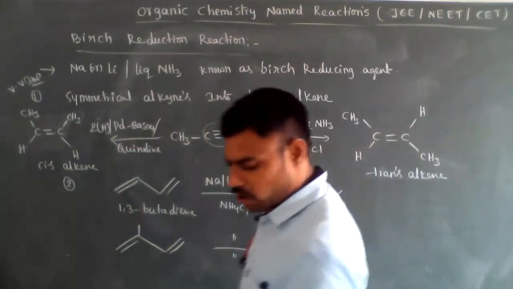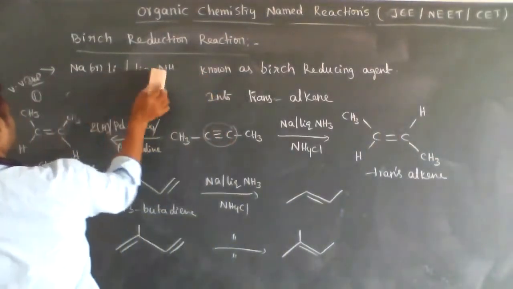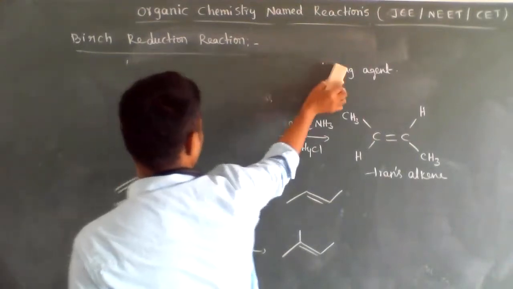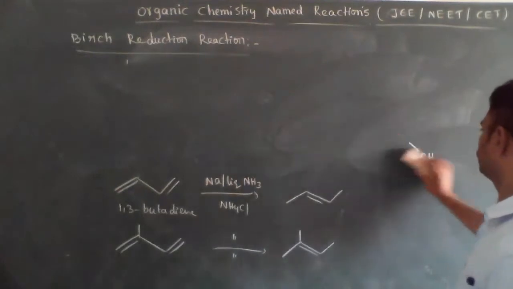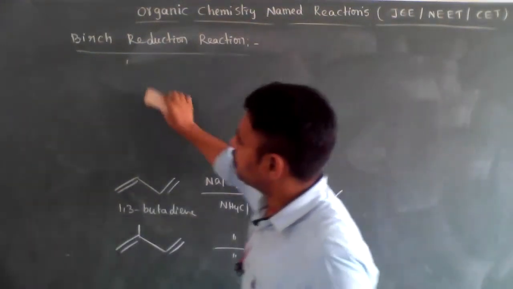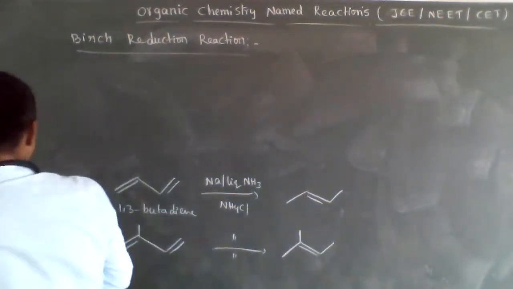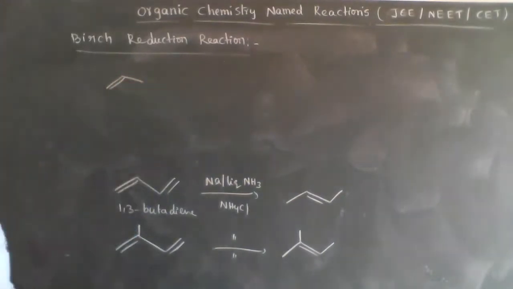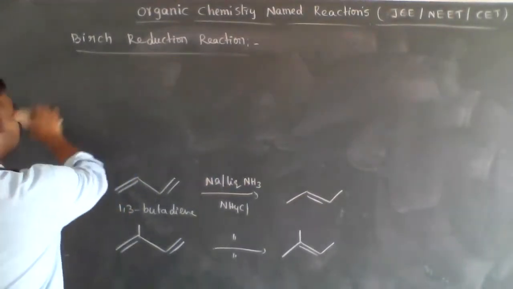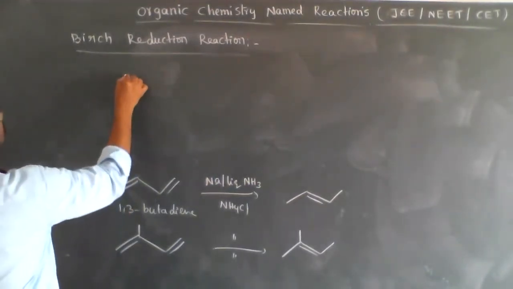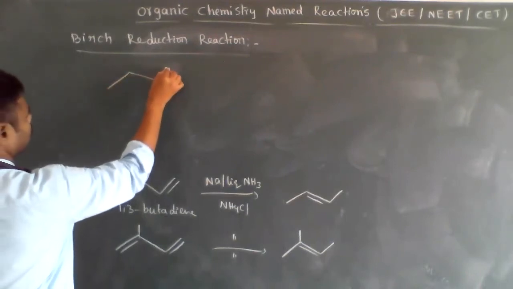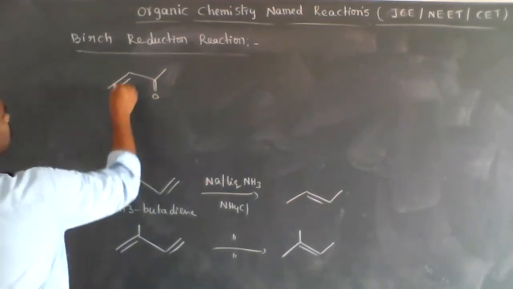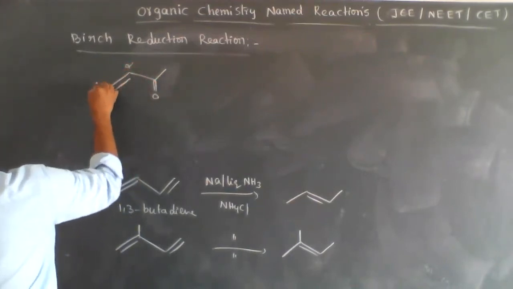Next, one more important application for this reducing agent is alpha, beta unsaturated ketones. See here, the conditions are important now. This is an alpha, beta unsaturated ketone.